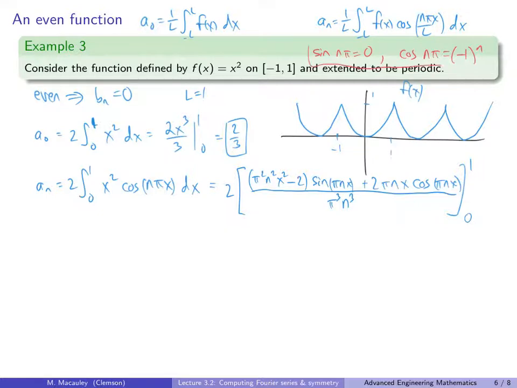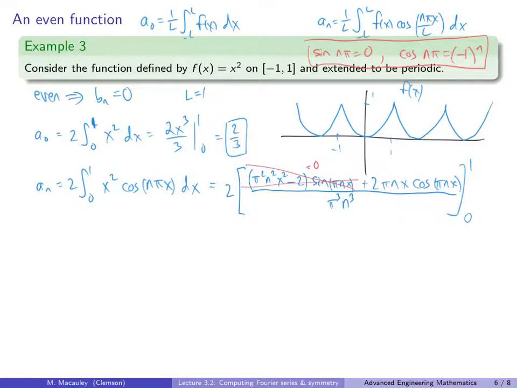Always remember those. So when we plug 1 in, I don't care about the pi squared n squared x squared term. When I plug 1 into the sine term, that goes away. And when I plug 0 into the sine term, sine of 0 is 0 as well. So we can just ignore that term. That's going to go to 0.